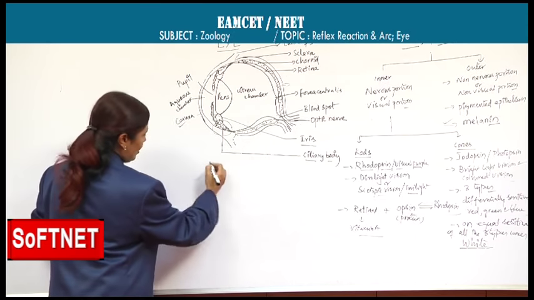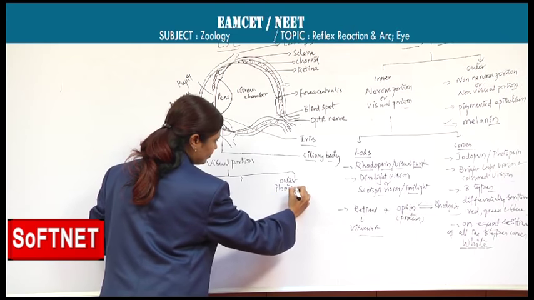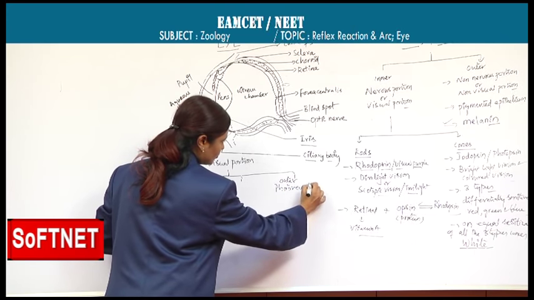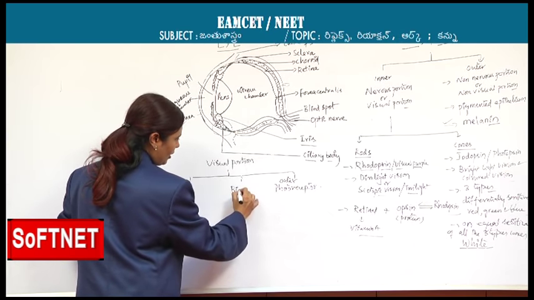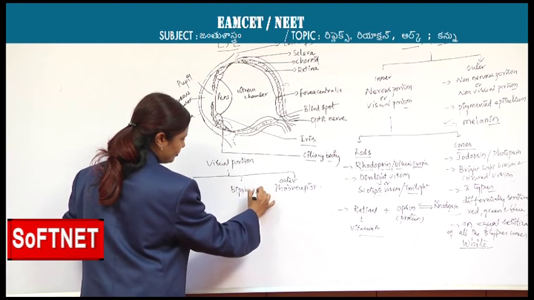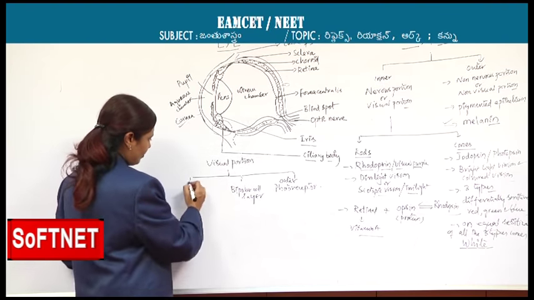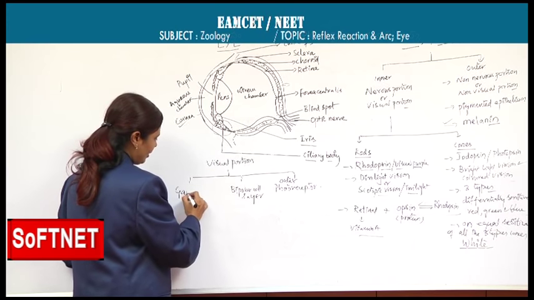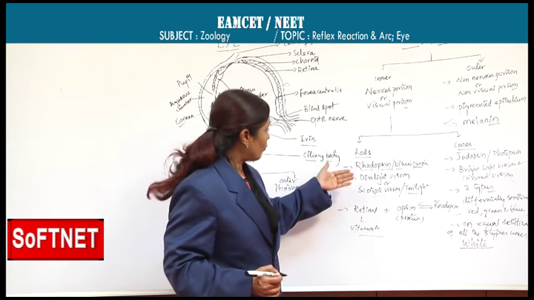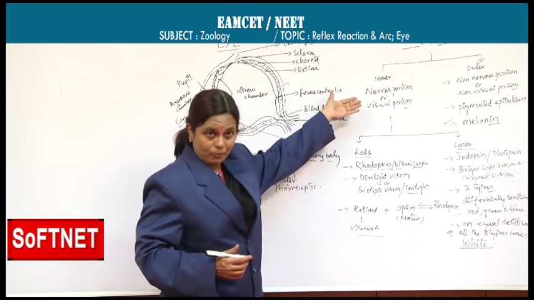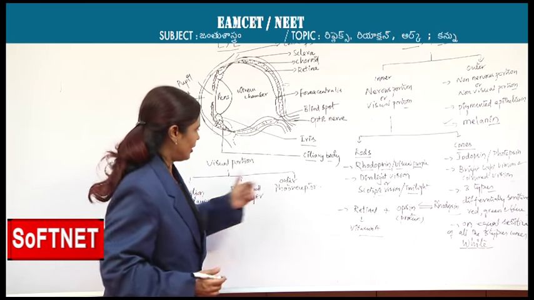The 3 layers are the outer photoreceptor layer, the middle bipolar cell layer, and the inner ganglion cell layer. Whatever rods and cones, that is photoreceptor cells of the visual portion we discussed, come under the outer photoreceptor layer.